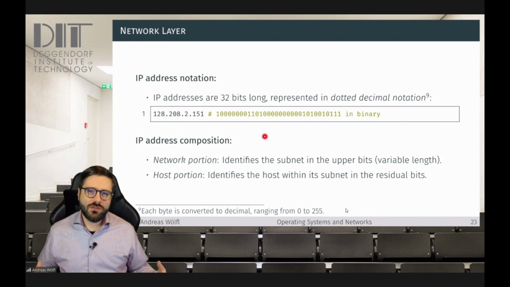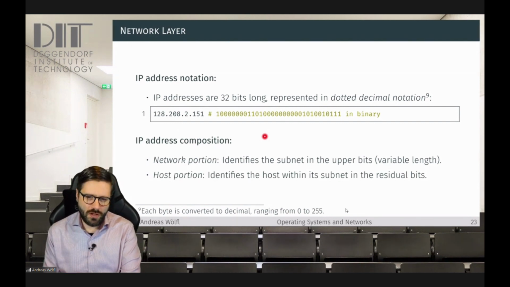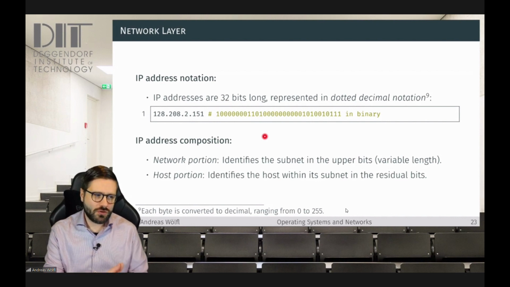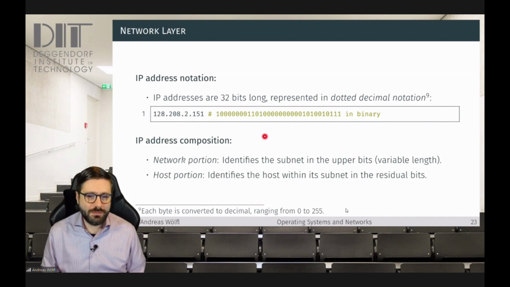If the subnet is small, meaning we have a small number of hosts that fit in the subnet, the host portion is small and the network portion is bigger. So a big network portion means a smaller host portion, which means a smaller network. If the network portion, on the other hand, is small, then the resulting network can accommodate more hosts. So the network gets bigger.